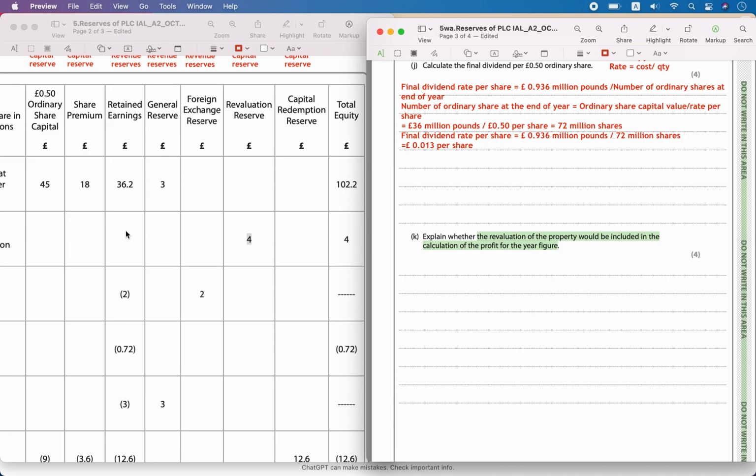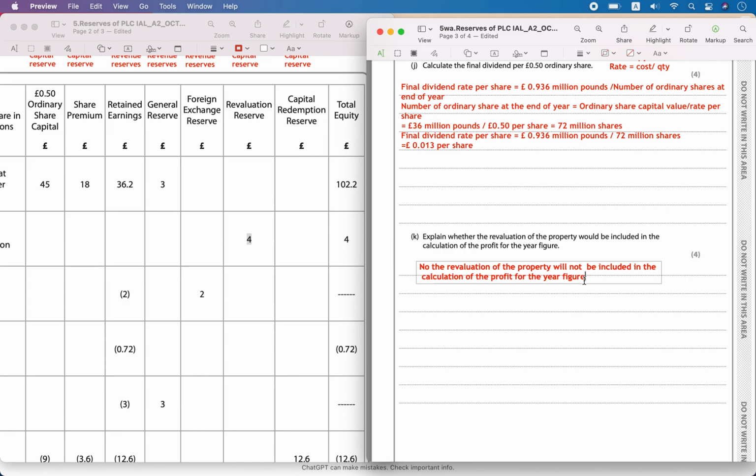You will not include it here, because the upward revaluation is classified as an unrealized gain. So you first answer the question, explain whether you will include: no, the revaluation of the property will not be included in the calculation of the profit for the year.